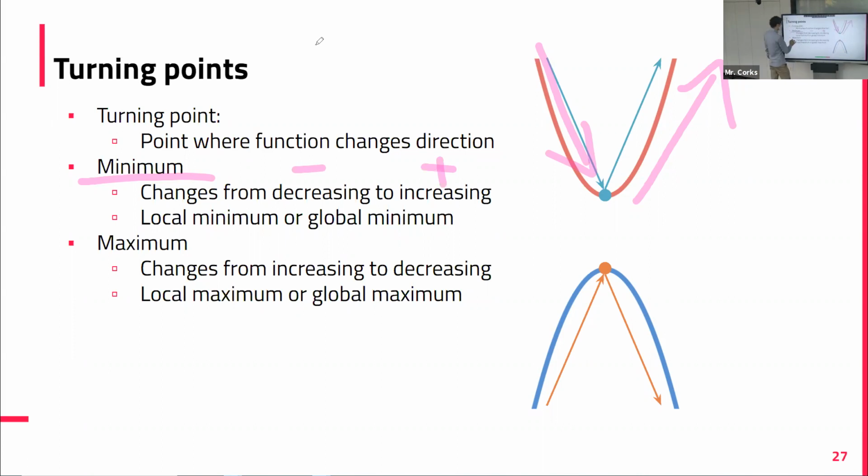And then exact same thing on the other side, like this, where we have a maximum point because it's the highest point of the graph in that region. Sort of changing from positive slopes to negative slopes. All right, that's just the basic idea of turning points.